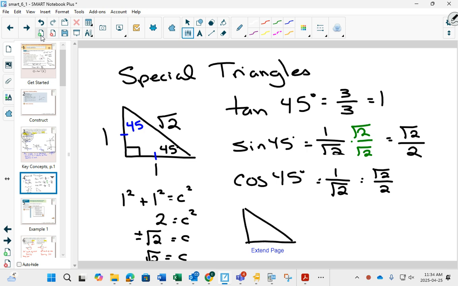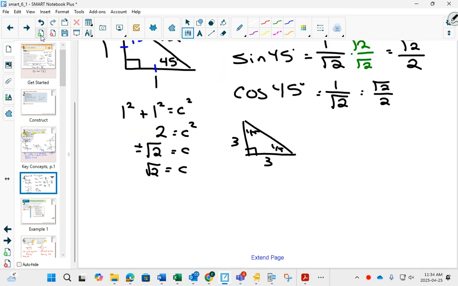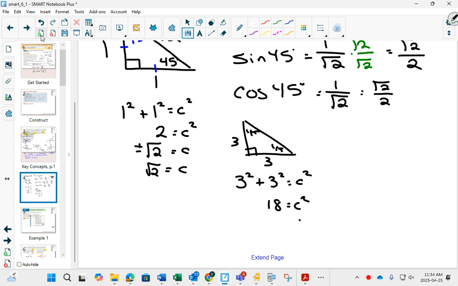If I made this triangle bigger with 3 here, and 45, 45, and 90, and I did a squared plus b squared equals c squared, again, only the positive one makes sense, square root of 18, and now I did sine of 45, I would get opposite of 3, and hypotenuse is the square root of 18. I should get the exact same answer.